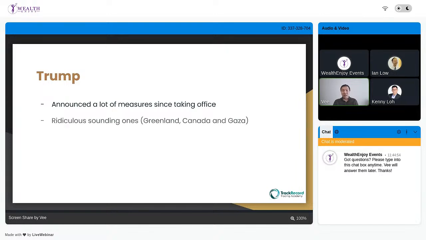But he has, in addition to the promises, made some really abnormal ones. In normal political circles, and even in everyday conversations, it seems kind of odd that he's threatening to take over Greenland. He wants Canada to become the 51st state. He wants to take over Gaza. He thinks it will be a great place, beautiful place, as he says.